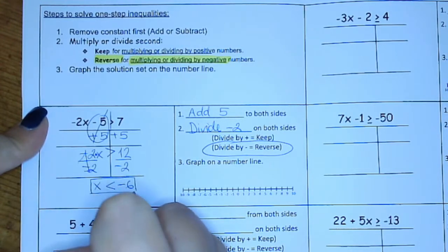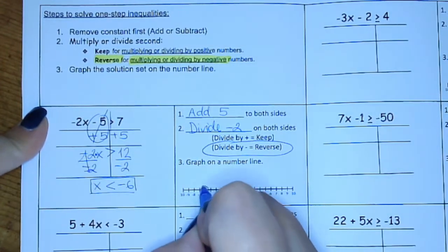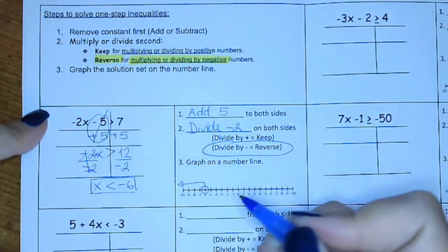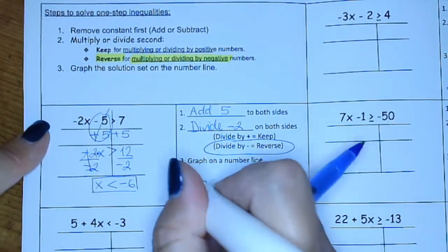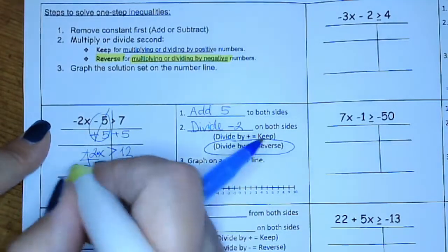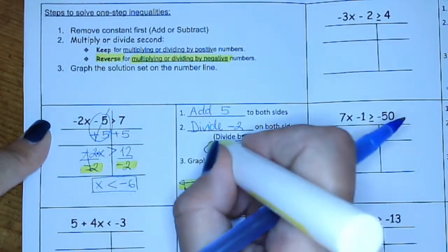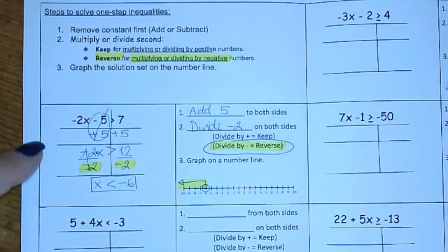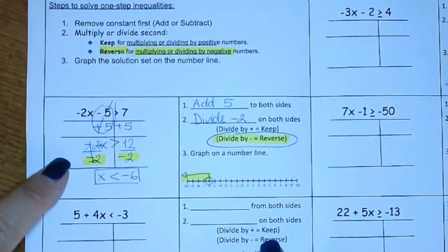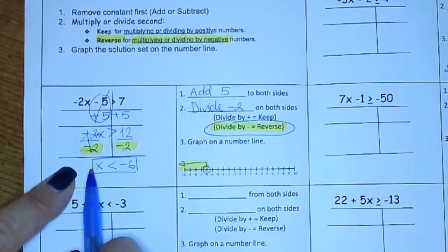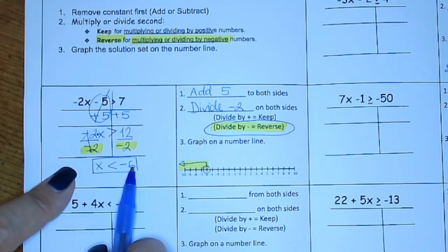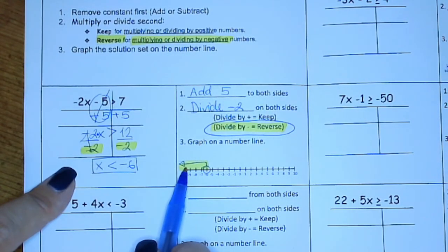So the solution set needs to be graphed on the less or lower side, left side of negative 6. Division by negative, again, reverses the symbol. Only division by negative or multiplication reverses the symbol. To graph the solution set, numbers less than negative 6 are on the left of negative 6.